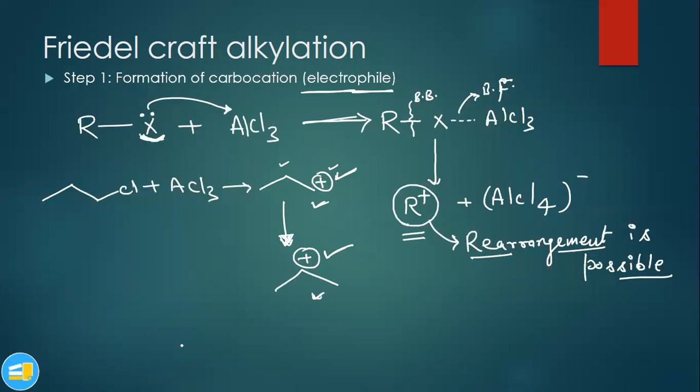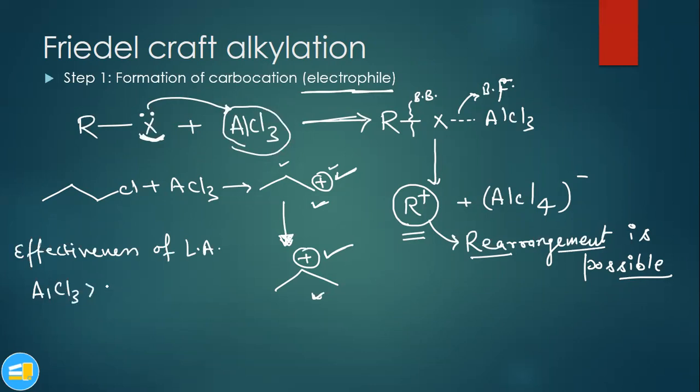Now, I have also discussed that this reaction uses Lewis acids as catalysts. If we talk about the effectiveness of Lewis acids, the most effective Lewis acid in the Friedel-Crafts alkylation reaction is AlCl3, then FeBr3, then BF3, then TiCl3.